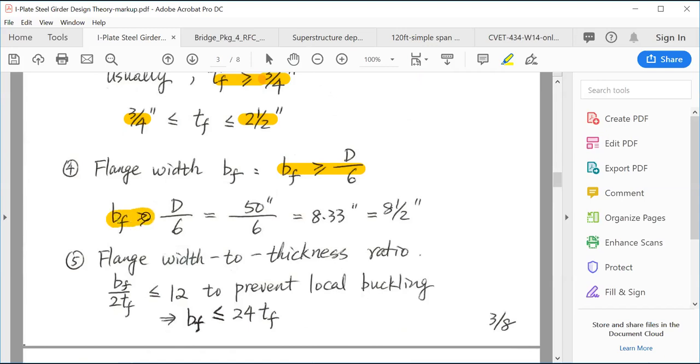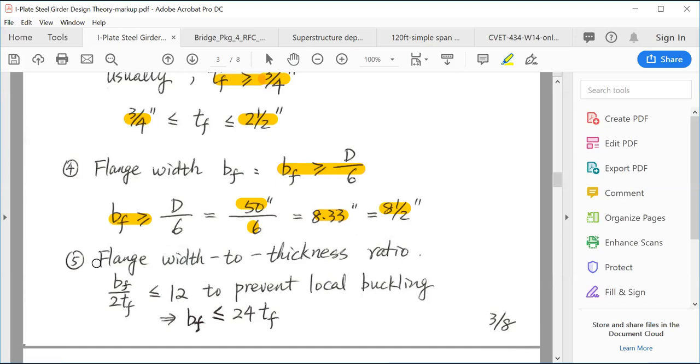If we try 50 inches for the web depth, 50 divided by 6 gives 8.33 inches. That means for this bridge, if I use a 50 inch web depth, the minimum flange width needs to be at least 8.5 inch. And this gives you the minimum.